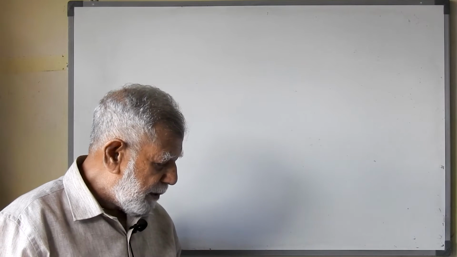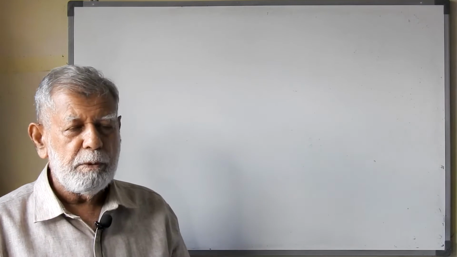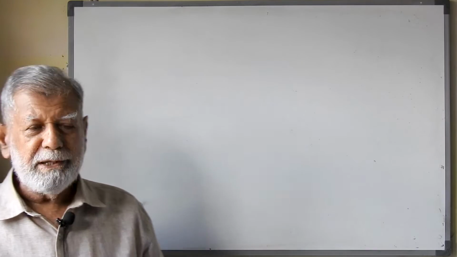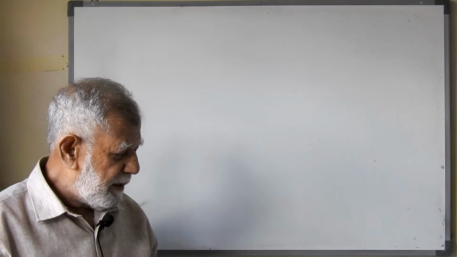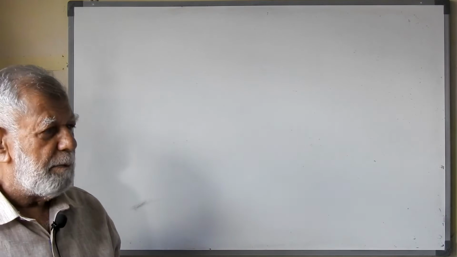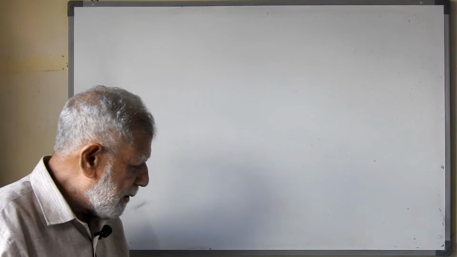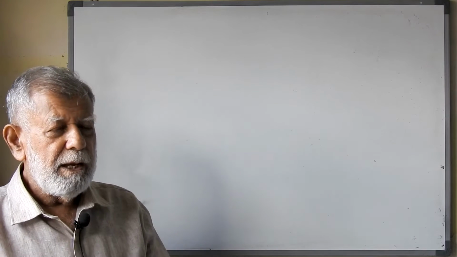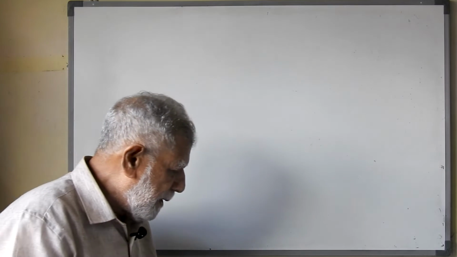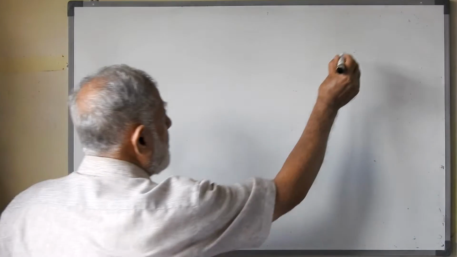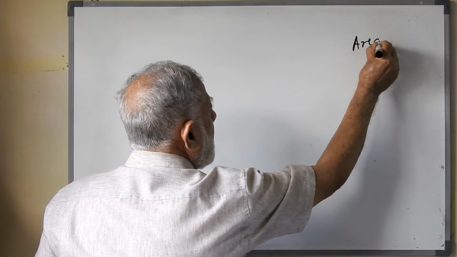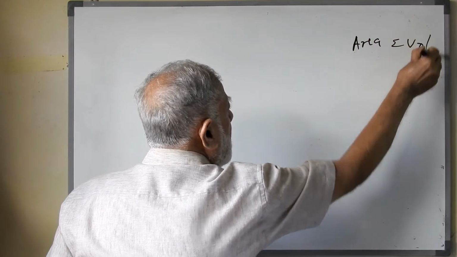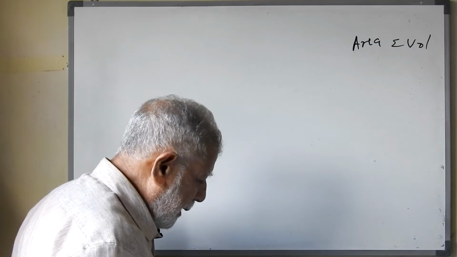Another thing I want to remind you is that in paper 2, what the intelligent children will do is, if we study paper 2 carefully, you will notice that there are some sections which come in every paper. For example, area and volume, in every paper there is a question on area and volume.